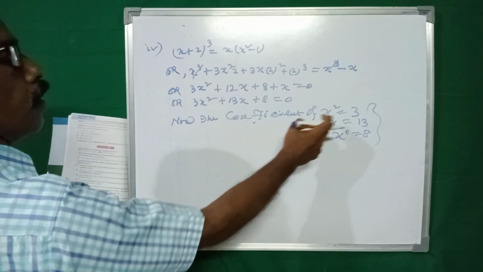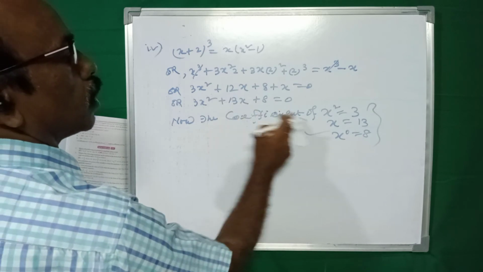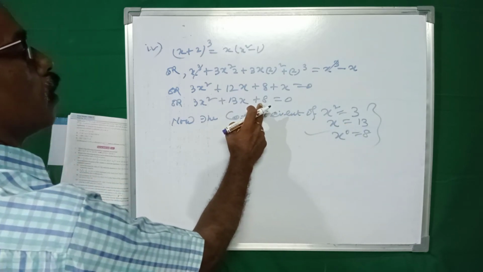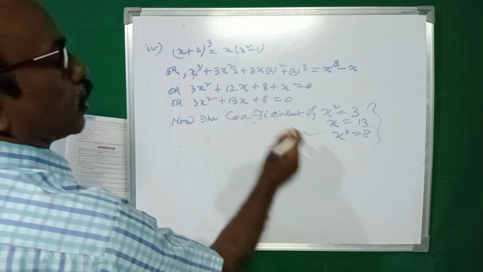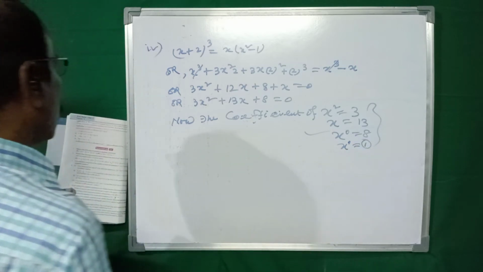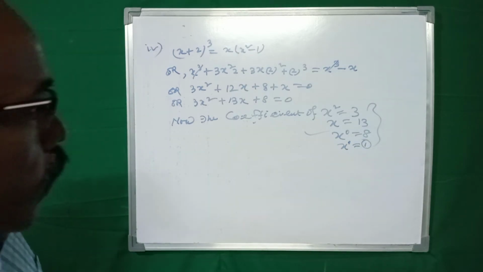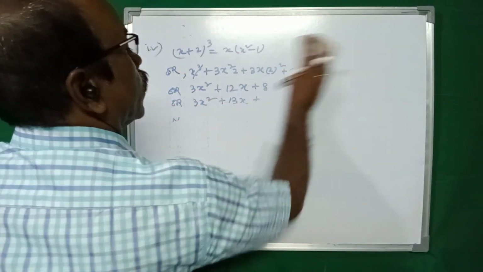Coefficient of x square is equal to 3, coefficient of x is equal to 13 and coefficient of x0 is equal to 8, because something to the power 0, x0, means 1. Now we go to the next question.